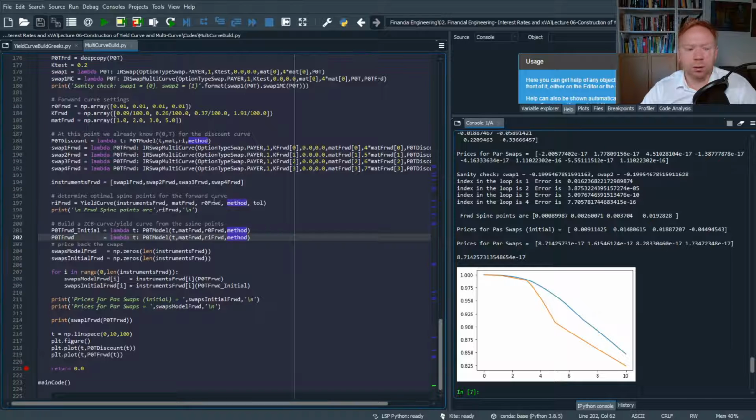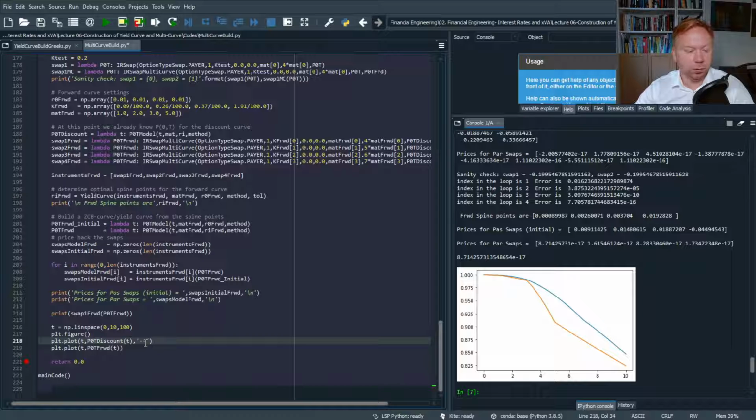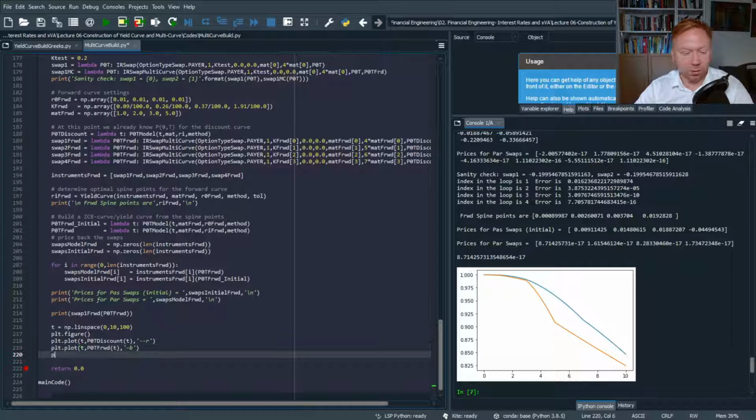Of course, maybe it's not ideal here, because what we see is that the forward curve is actually lower. Let me plot here. We'll do the discount curve in red, and for the forecasting we will do blue. Also add a legend.